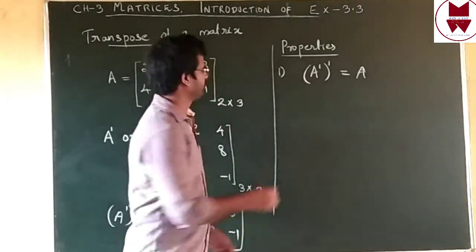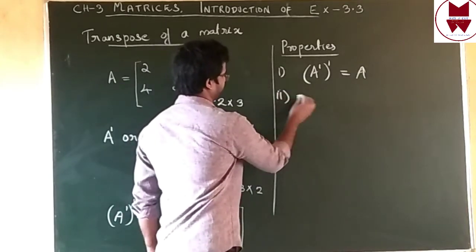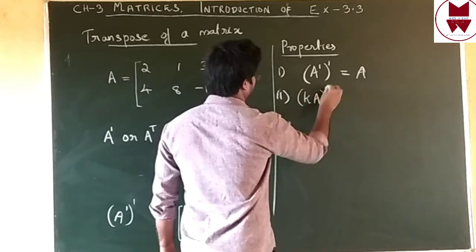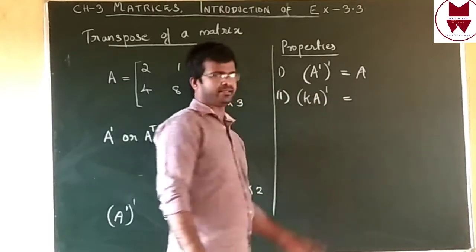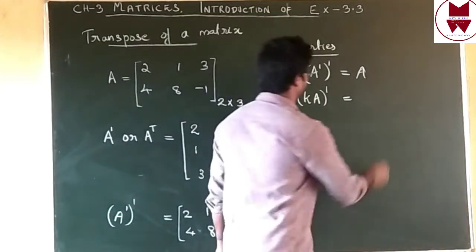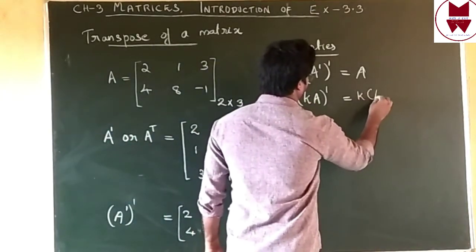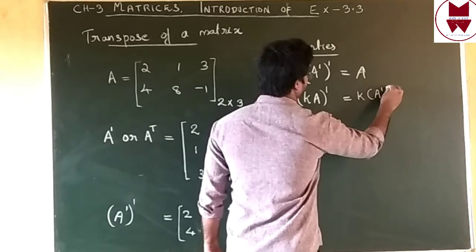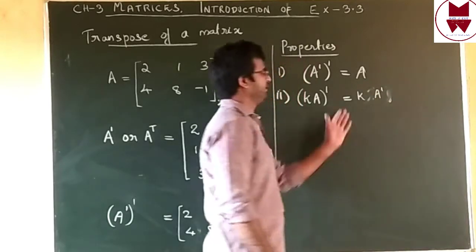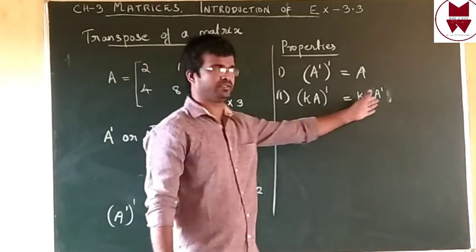And then the second property is K A, all dash. K means any number, any constant. K A, all dash, you can write K A dash. Only this much.